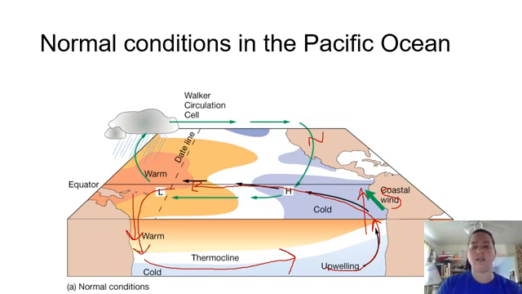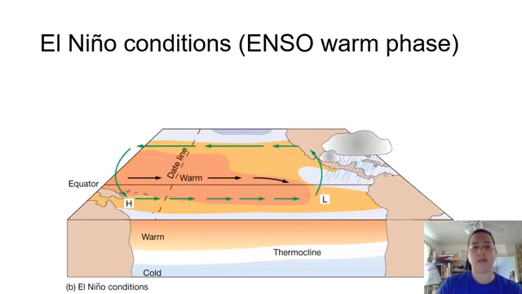So the water is going from cold South America to warm over in the Indonesian, Asia area. What happens with El Nino is that stops.